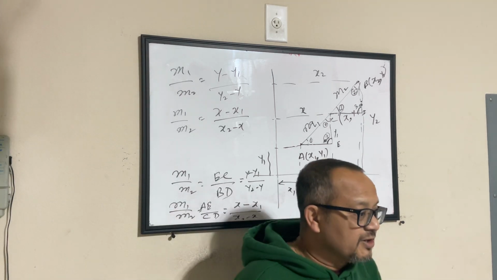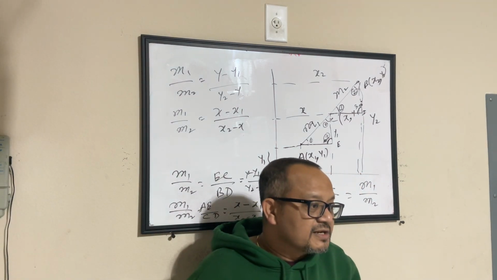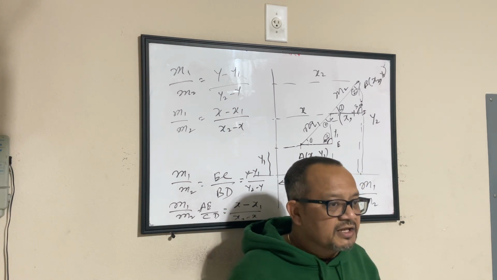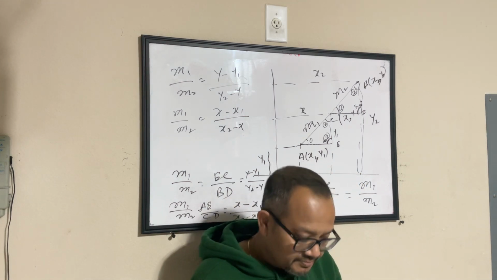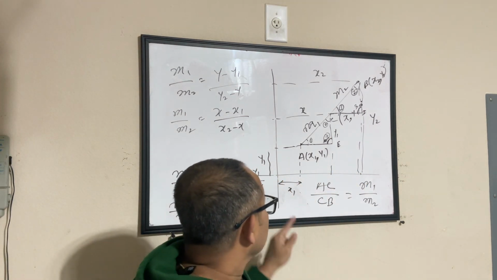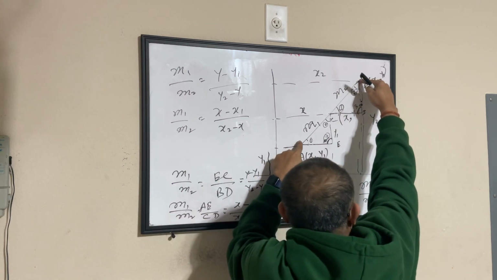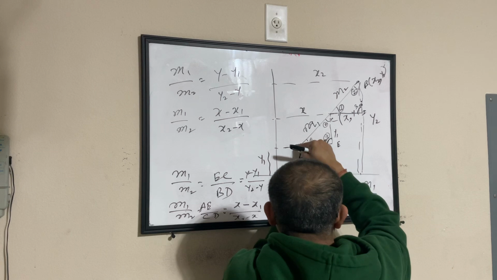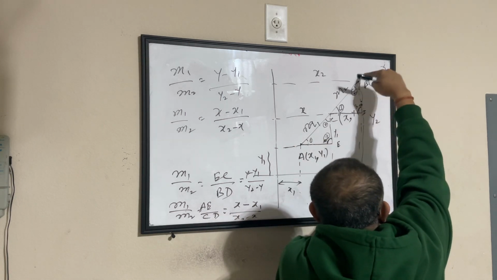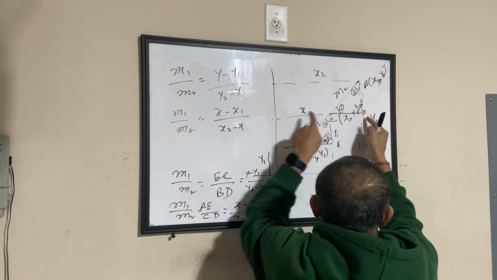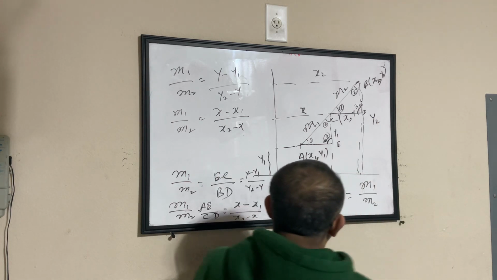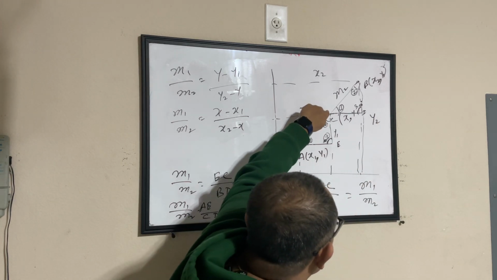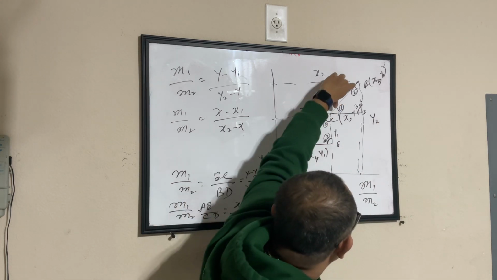But let me stop here, before you guys get really stressed out and start thinking what exactly we are trying to do here. Summary of this is, we have 2 points with coordinates x1, y1, x2, y2. Meaning this length is x1, this length is y1, this length is y2 and this length is x2. We are trying to find a point C which will divide this line into the m1 by m2 ratio.